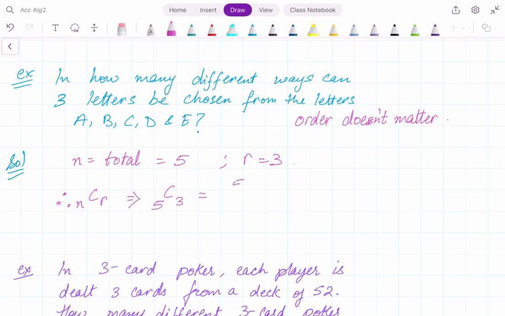So we have 5 factorial divided by 3 factorial times 5 minus 3 factorial. Now you know the drill, how to calculate the factorial. So quickly, we will be left with, now 3 factorial is already inbuilt in 5 factorial.